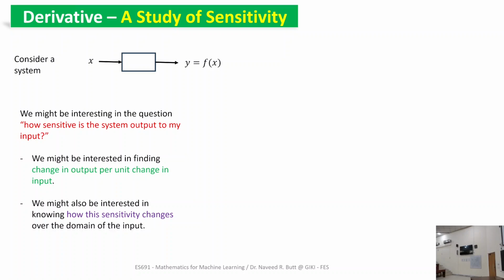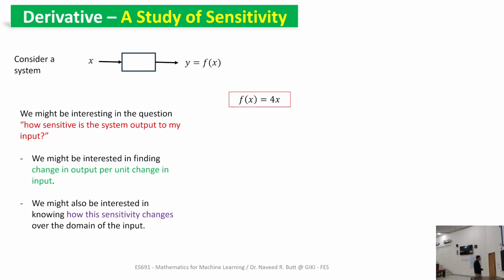Now, the amount of change I made is the same, but for some systems the response or the sensitivity will depend on where I was. Was I at 1 or was I at 10, yeah? The domain of x, where am I right now? Not just the amount of change I make, but where am I starting from? That may also be a factor. So, I might want to know that.